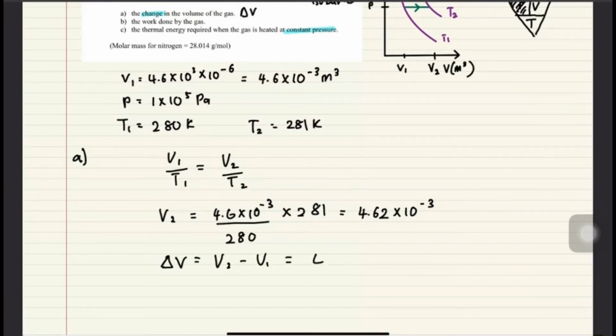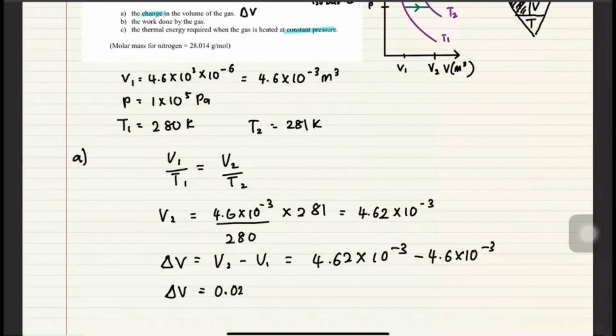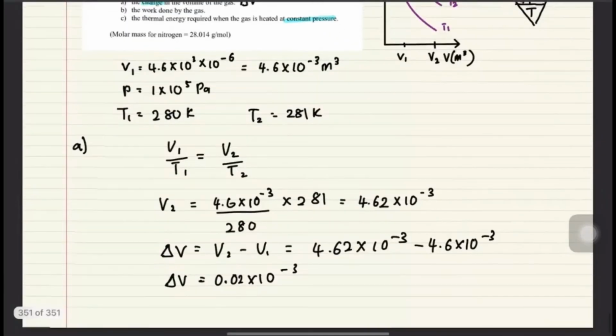Okay, I can find delta V by using V2 minus V1. So V2 is 4.62 times 10 negative 3 minus 4.6 times 10 negative 3. Should get 0.02 times 10 negative 3, or 2 times 10 negative 5.